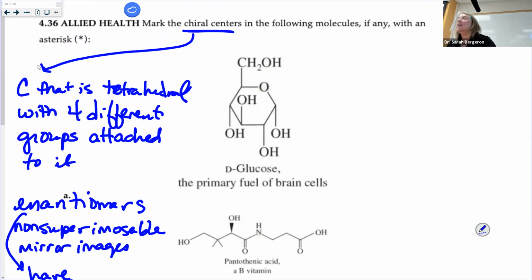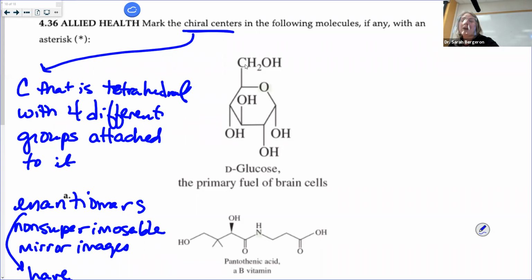So let's practice looking for chiral centers. Can it be any atom that's chiral? No, what does it have to be? A carbon that's tetrahedral with four different groups attached. So none of the oxygens can be chiral. So let's just look at carbons. This first carbon up here at the top, is it tetrahedral?